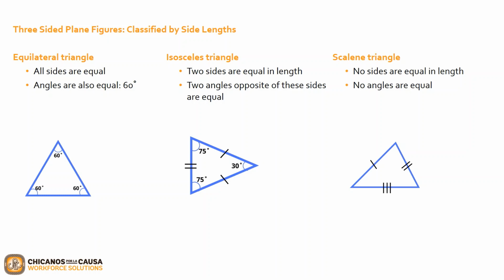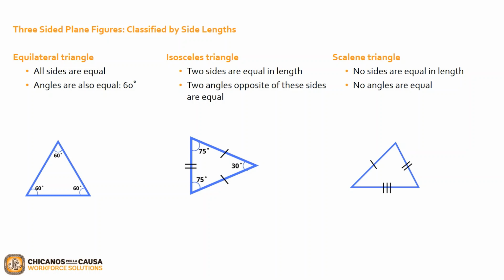That means that all sides are equal in length and all angles are also equal in degrees. For example, they all measure 60 degrees in this example, but they could all measure maybe 80 degrees or 30 degrees. As long as all angles are the same and all sides are equal, that is an equilateral triangle.